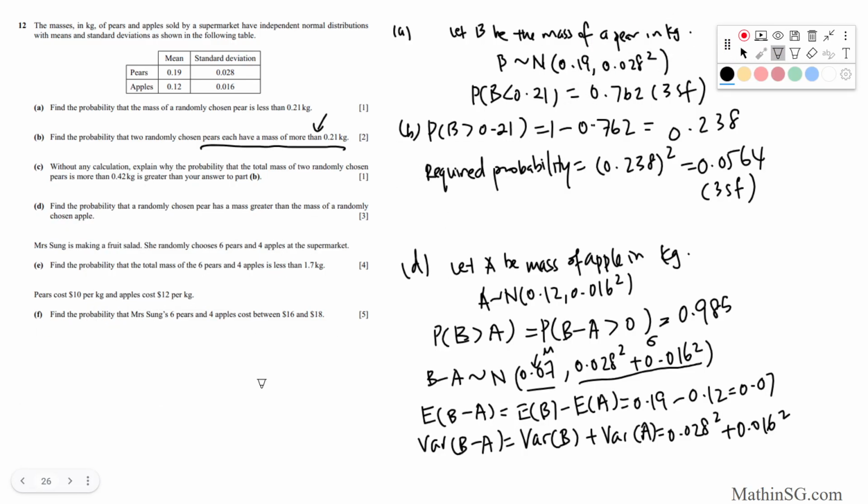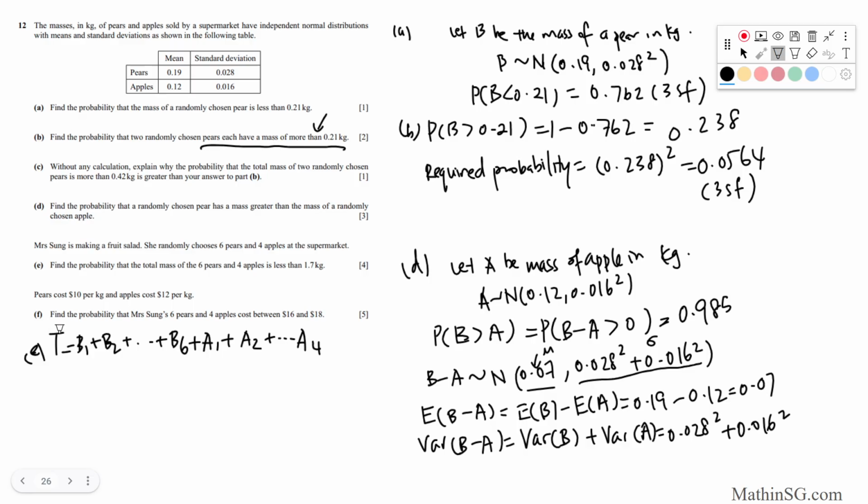Moving on to part E, find the probability that the total mass of 6 pears and 4 apples is lesser than 1.7 kg. So I have B1 plus B2 all the way to B6 plus A1 plus A2 all the way to A4, right?